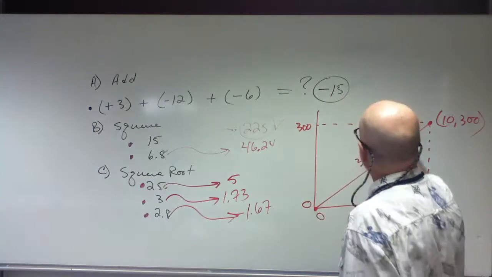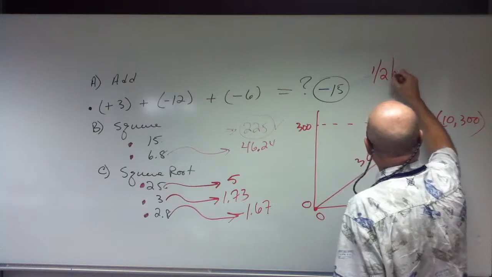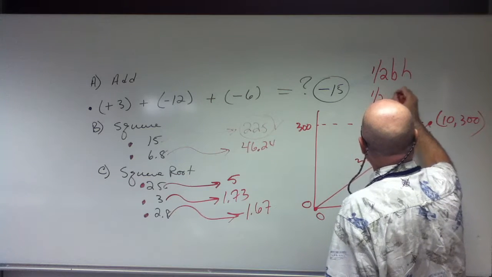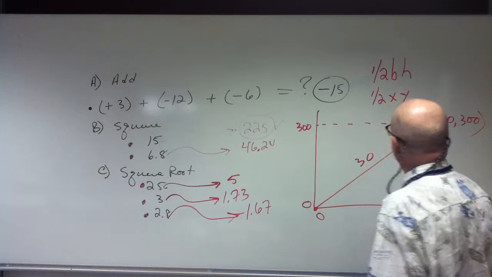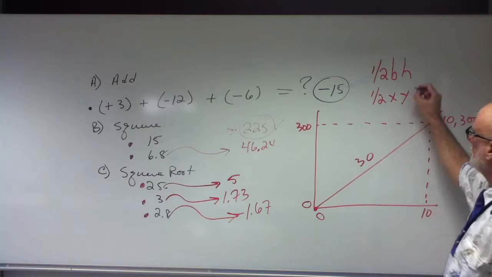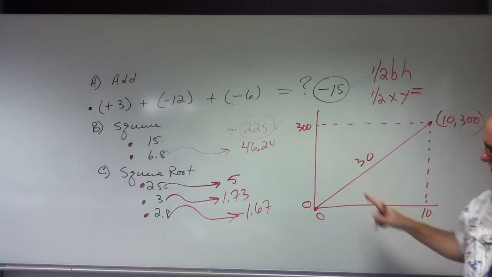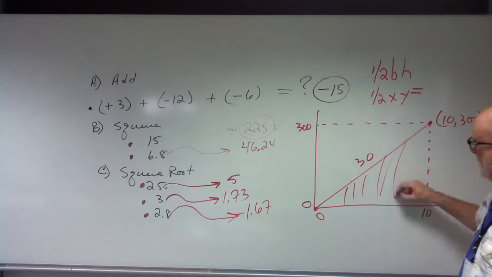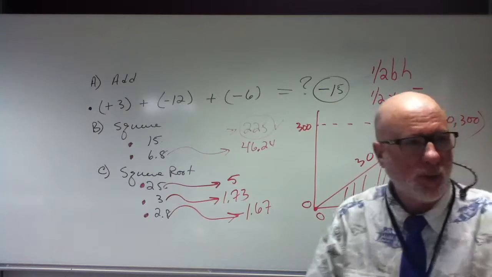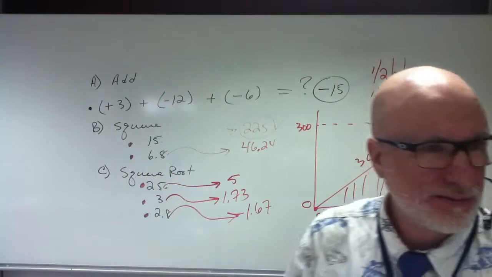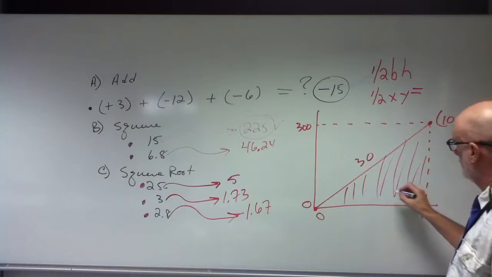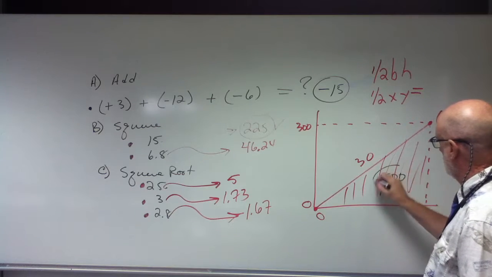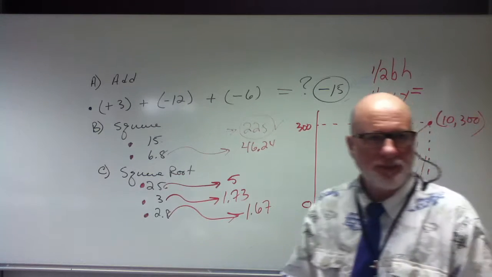One half the base times the height, 1/2 xy, which equals 300 times 10 is 3,000. Half of that would be 1,500, correct? You get it? Yes? Are you with me?